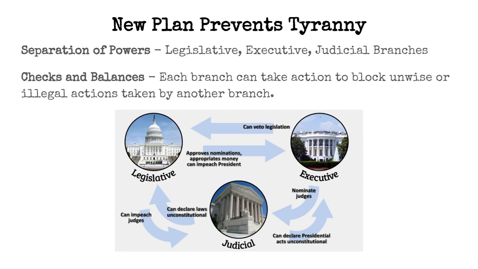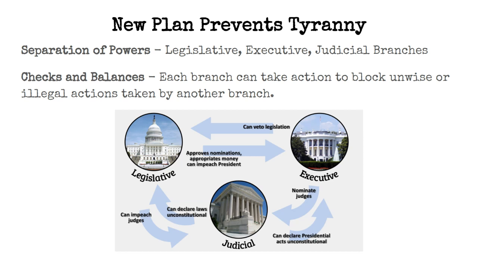So the arrows in the graphic that you see represent some of those actions that the Constitution specifically says they can do to check or take action against another branch to balance out their power.